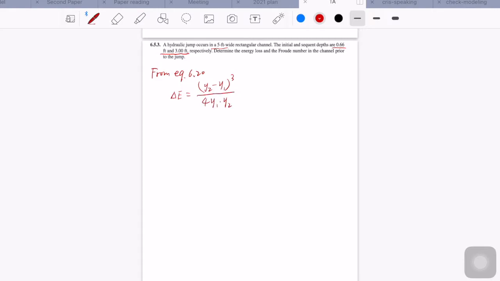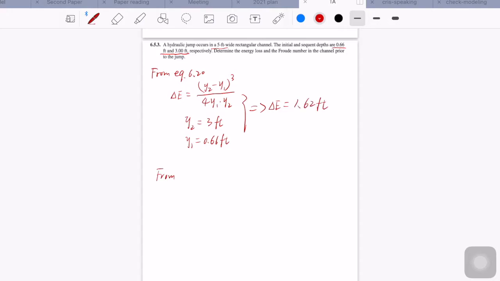And from the problem, we know y2 equals 3 feet and y1 equals 0.66 feet. So we can get the energy loss delta E equals 1.62 feet.